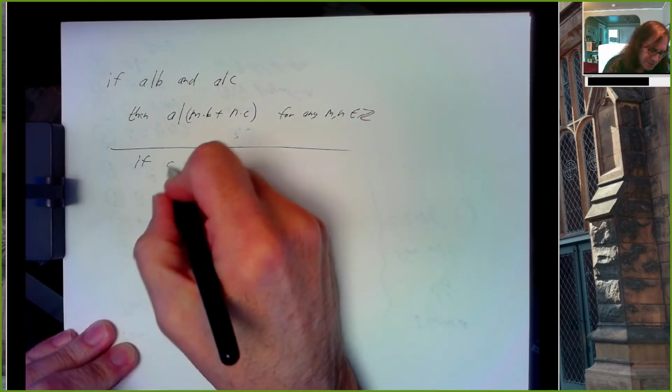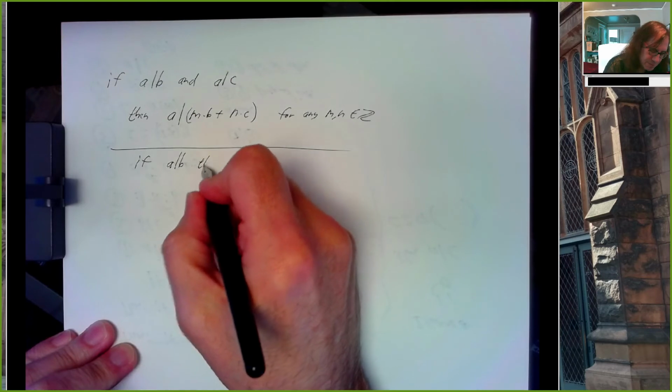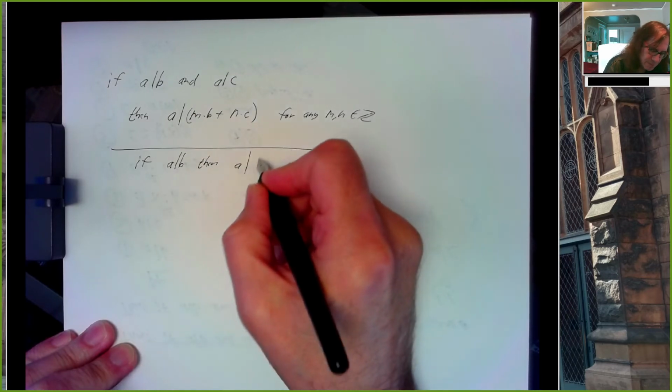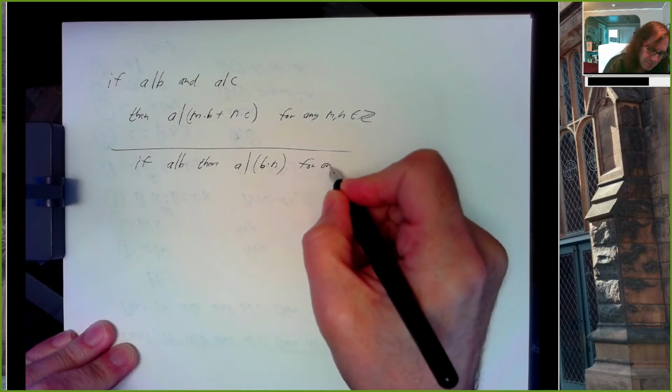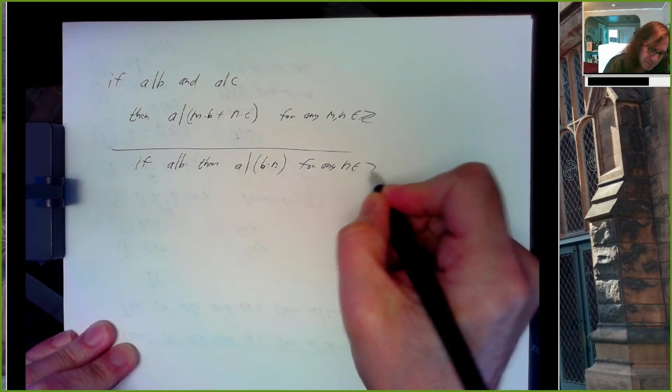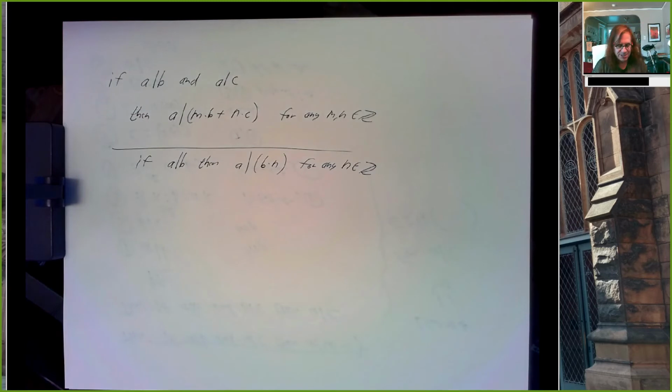And a subset of that: if A divides B, then A divides any multiple of B, any B times N where N's an integer. And if we think in terms of divisibility, lots of things that we would like to have work a certain way will end up working that way.